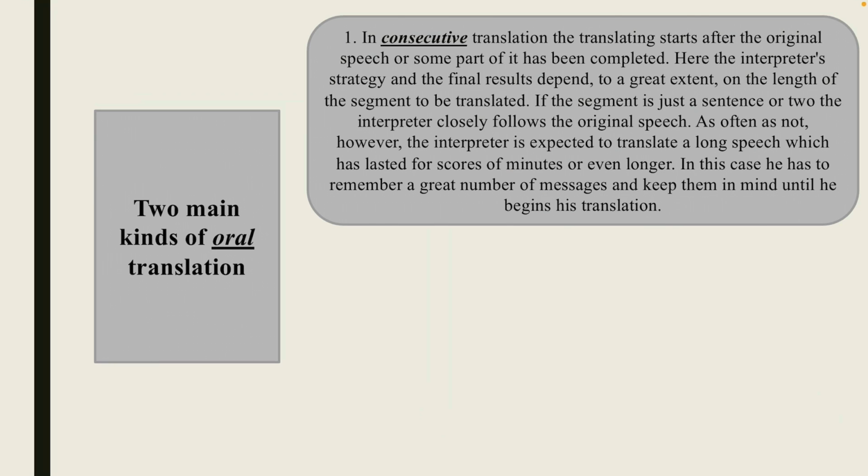If the segment is just a sentence or two, the interpreter closely follows the original speech. As often as not, however, the interpreter is expected to translate a long speech which has lasted for scores of minutes or even longer. In this case, he has to remember a great number of messages and keep them in mind until he begins his translation.